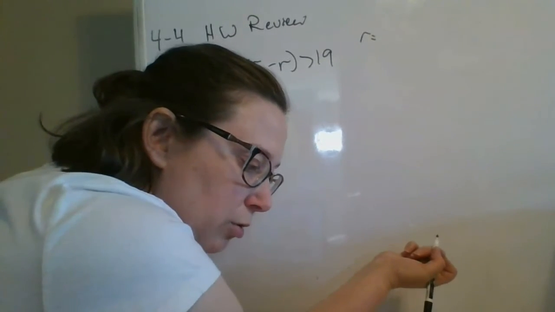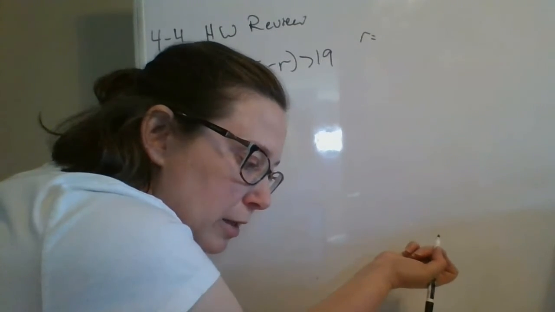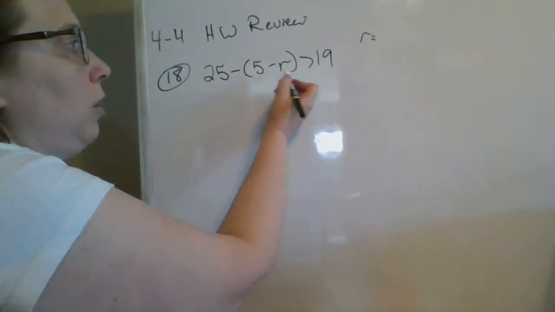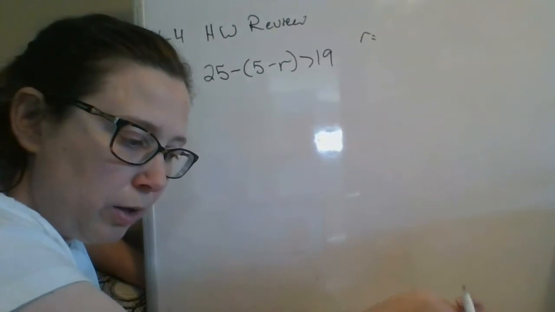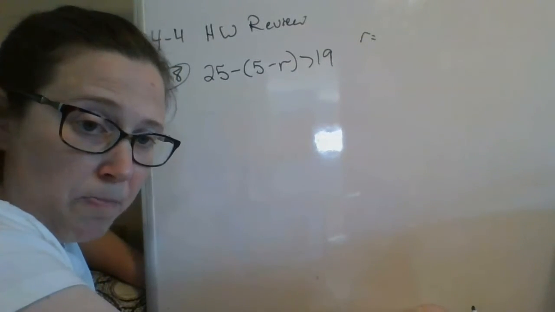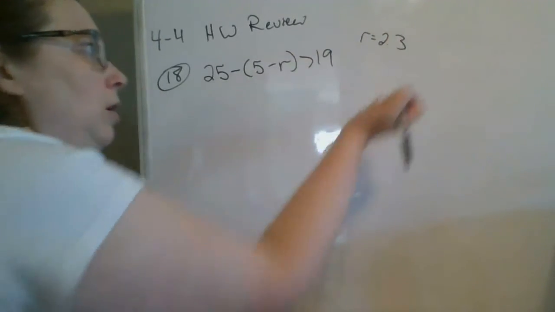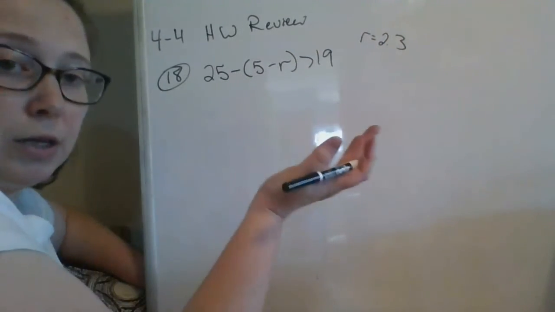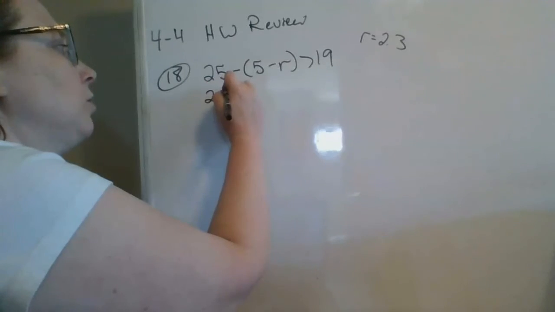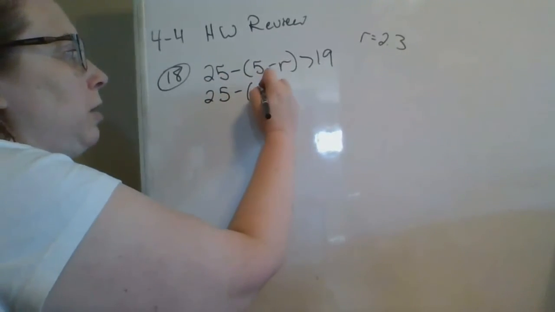Oh, and I see a goofy error in number 18 because in our inequality it said r, but then when they told us what our variable equals, it says m. I think they meant to use the same variable here. We're going to assume that, because if not, we couldn't do anything. It would just be open. So I'm going to say they made a typo there.